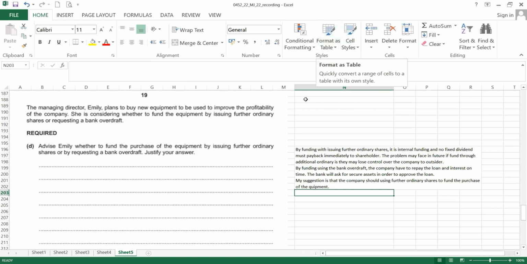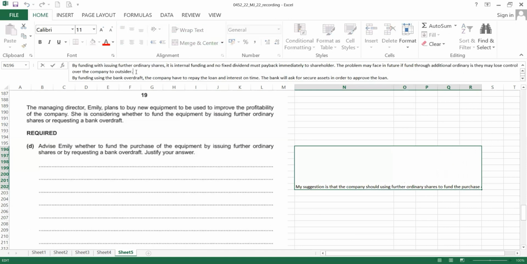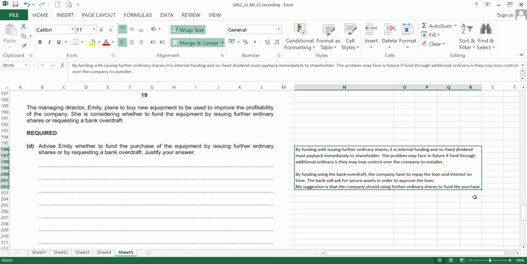Okay. So there's pro and con. One good thing, if you take funds from an outsider, which is the bank overdraft, your control is still with you.